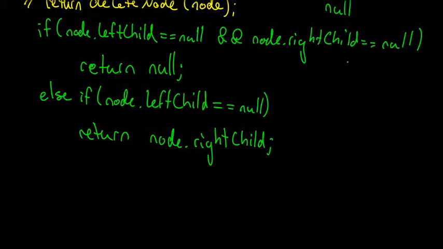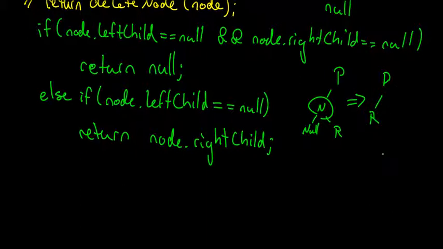So, as another example, you have your parent, you have your node, you have the right child of the node, and of course nothing in the left child. We wanted to delete the node. You'd simply return the right child of the node, which becomes the new child of the parent, effectively making the tree look like this. Bam. And it's deleted. Okay?